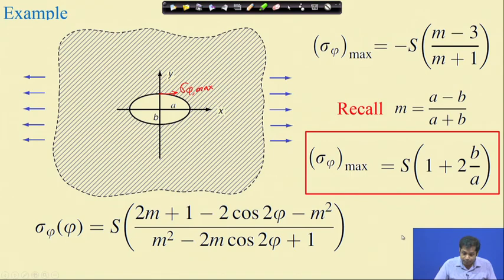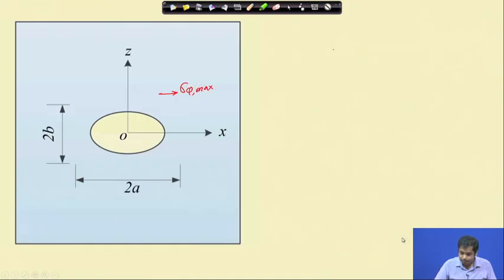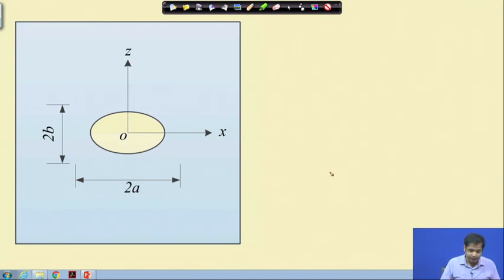Now, let us see what this expression tells us, what is the story behind this expression. Suppose we have a plane with an elliptical hole like this and you apply some in-plane load, which is equal to sigma. In the previous slide S was used, now this is sigma.